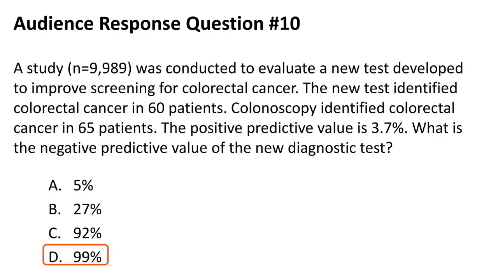We need to set up a 2x2 table in order to help us visualize the data for this particular example, using the positive predictive value, the number of colorectal cancers from the new test, and from the standard therapy of colonoscopy.